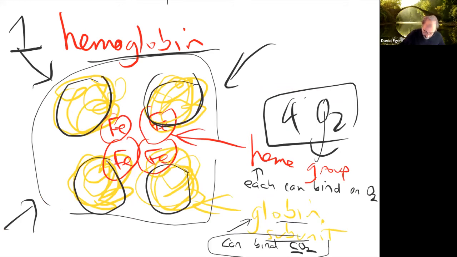These 4 heme subunits have the ability to bind oxygen. And then you have like 250 million of these molecules in every single RBC. And again, we'll talk much more about hemoglobin and its affinity for oxygen when we get to the respiratory system on Thursday.